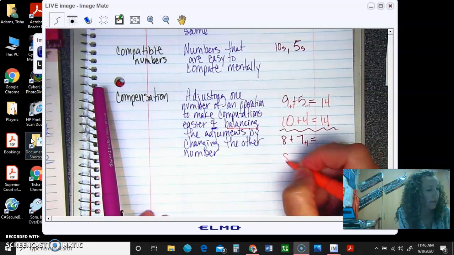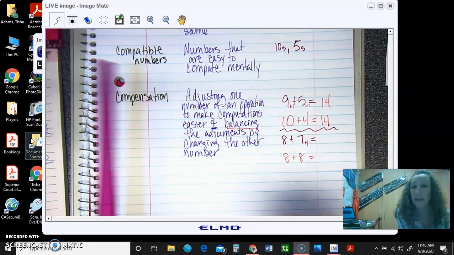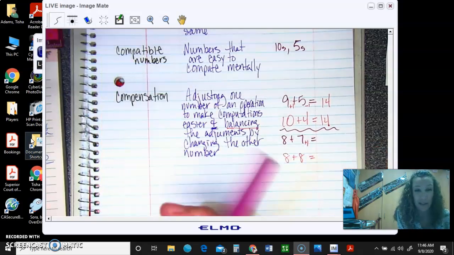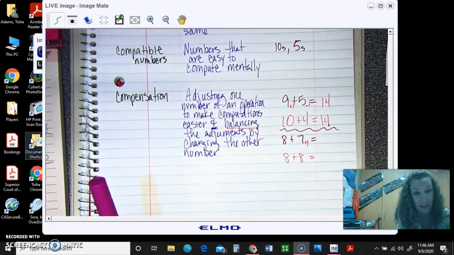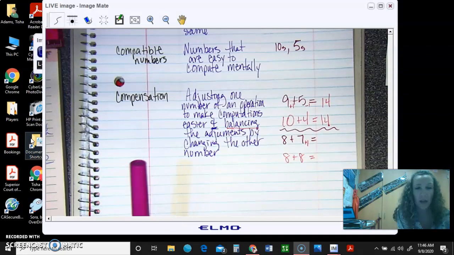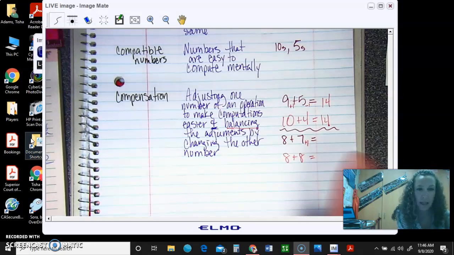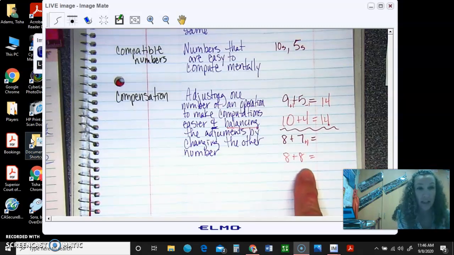Therefore, now I have 8 plus 8, and doubles are easy. When I taught first grade, we practiced doubles when we were walking in our lines places. I would holler out 1 plus 1, and all the kids would say 2, and I'd say 5 plus 5, and all the kids would say 10, and I would yell out 8 plus 8, and all the kids would yell out 16, right? You're supposed to know your doubles by first grade.